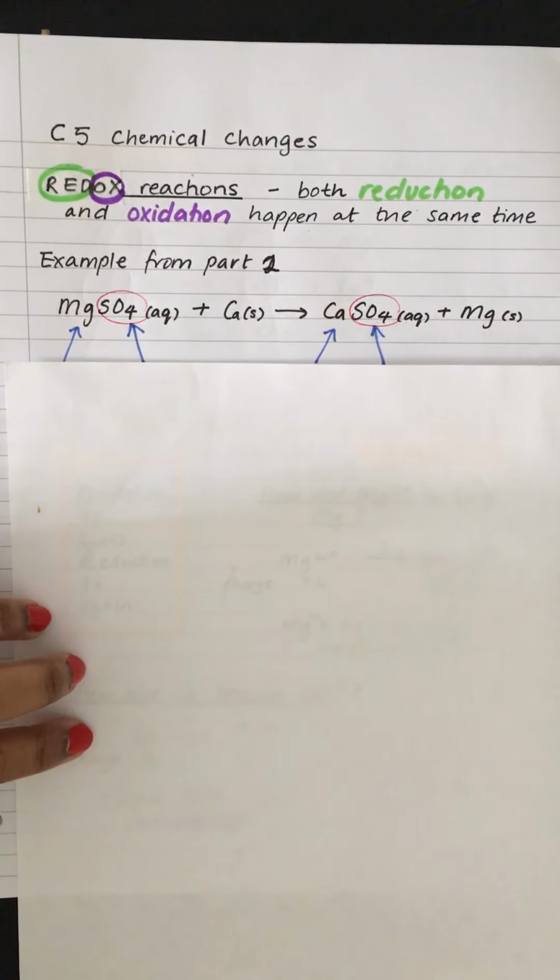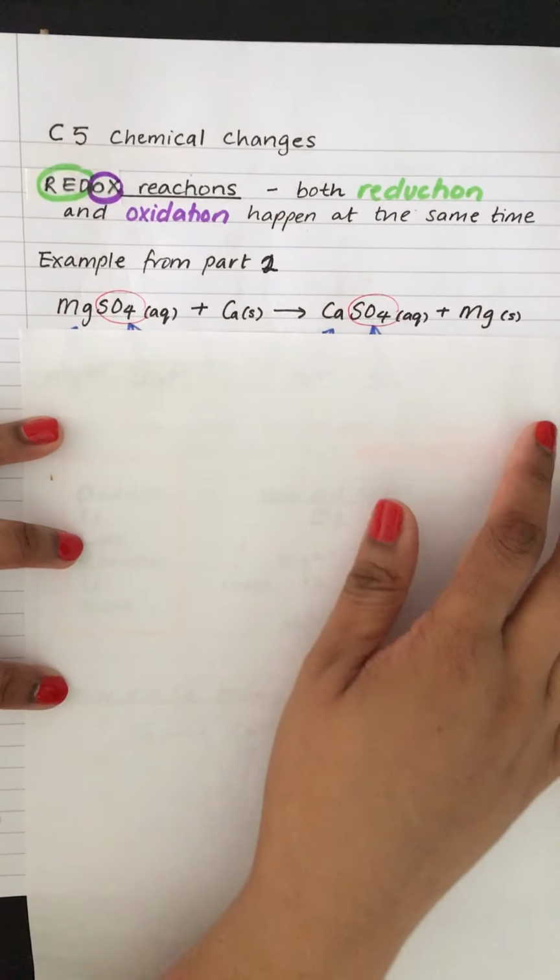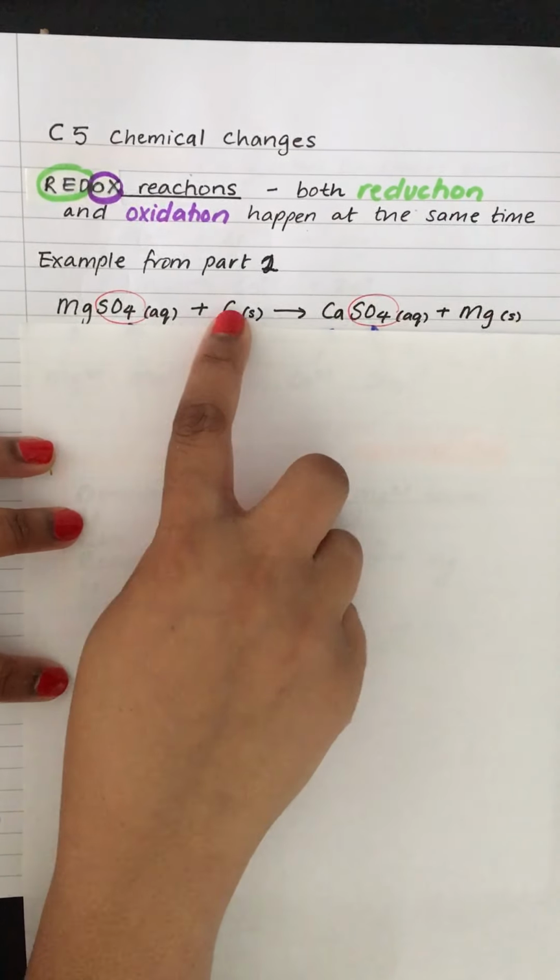Now if you remember from part 2, we looked at the example of sulfate reacting with magnesium first to form magnesium sulfate, and then we saw what we called a displacement reaction when calcium was added into the equation.